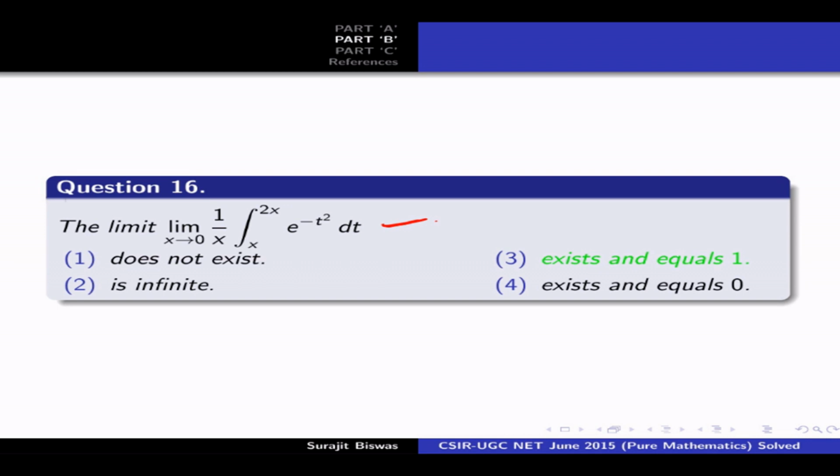We apply L'Hopital's rule. If you look at the form of this limit, if you put x = 0, then the value of the integral is 0, and the denominator is also 0, so it is the indeterminate form 0/0.